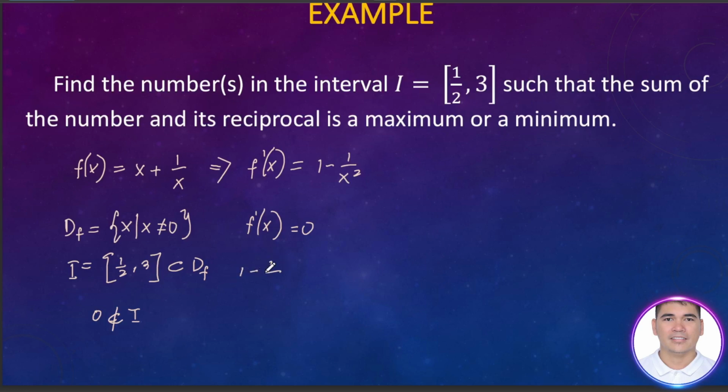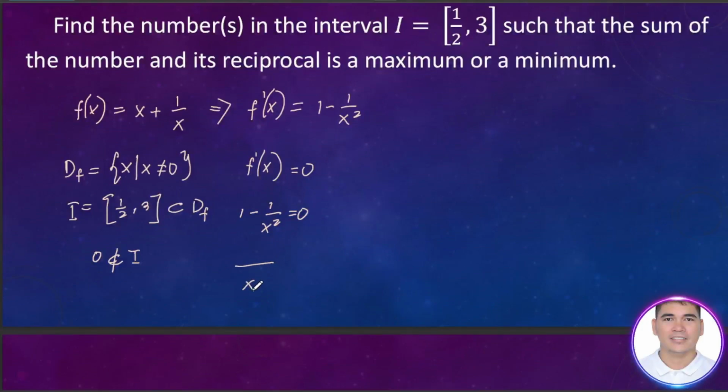Equate this: 1 minus 1 over x squared equals 0. Then get the LCD, which is x squared. We have x squared minus 1 equals 0, so x squared equals 1. Taking the square root, x equals positive or negative 1.